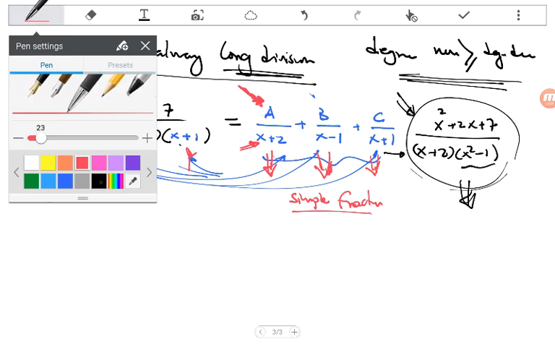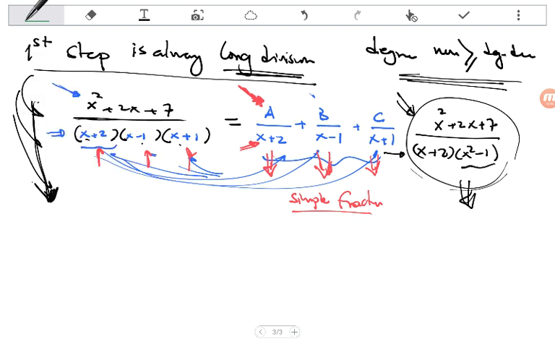Now the next step is to find the values of these constants. Now I have three unknowns. Okay? So I need 3 equations to find these 3 unknowns.